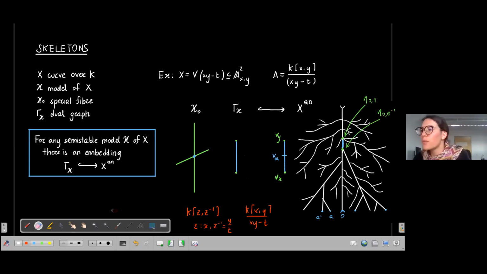Another question is: can we recover the geometry of X from the identification of X(K)? What about X^an? I will try to give an interpretation of the question. Probably this goes back to the discussion we had in the first lecture.